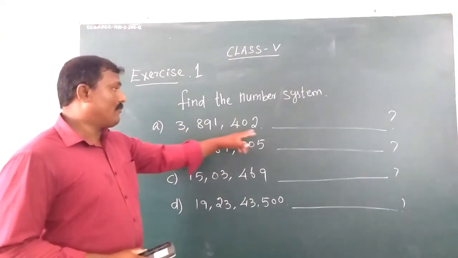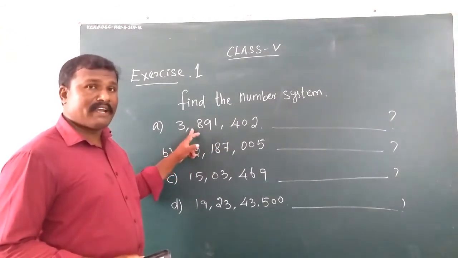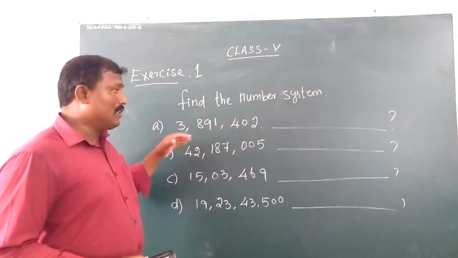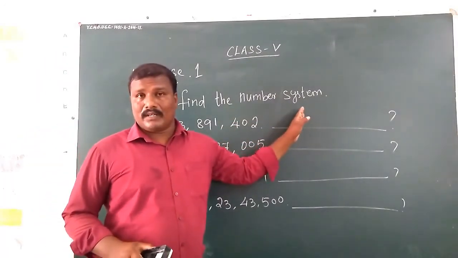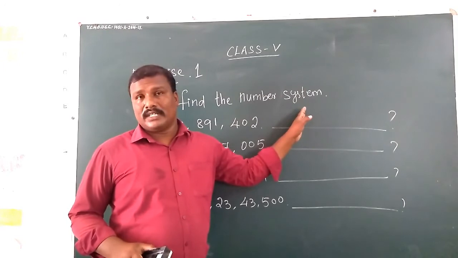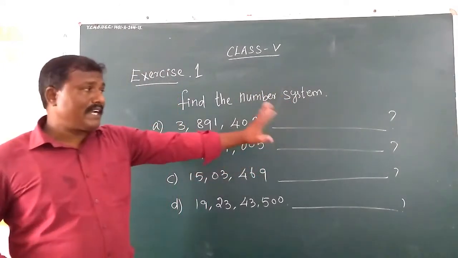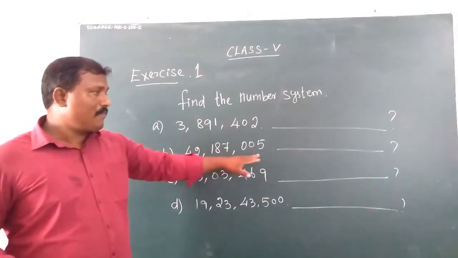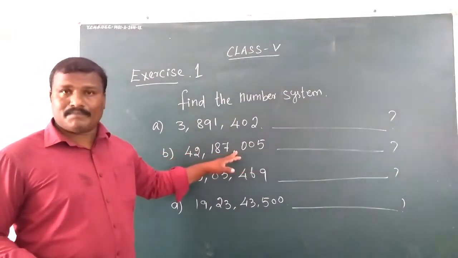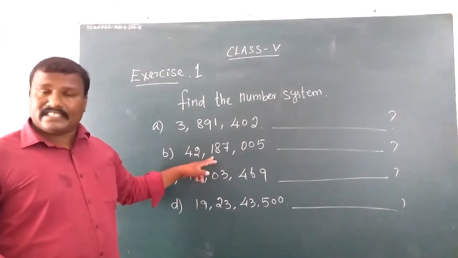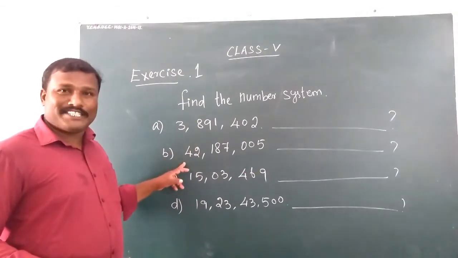First 3 digits, 1 period, then after 3 digits, 1 period, then after that there is none. Which number system is used, Indian or international? Write your answer. Then second one: first 3 digits, then a period or comma after 3 digits again, then after 2 digits.